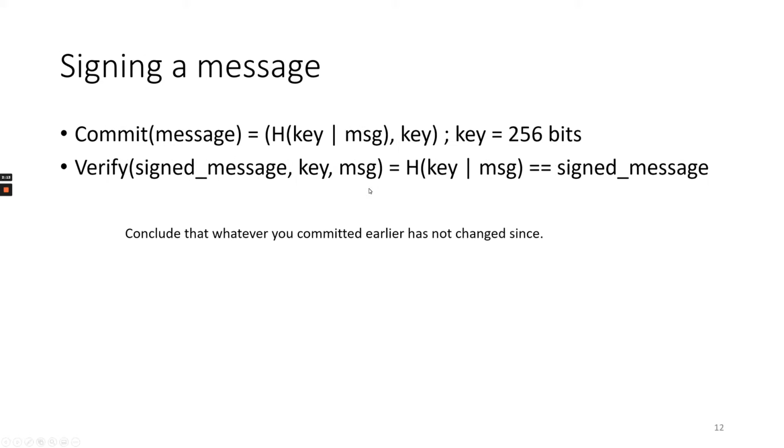The verify function will take the key that I've now published along with the message that I claim was the original message, and it will take the hash of that. If the hash of the key and the message is the same as the signed message that I revealed much earlier, then I am speaking the truth, and therefore the commitment has been maintained.